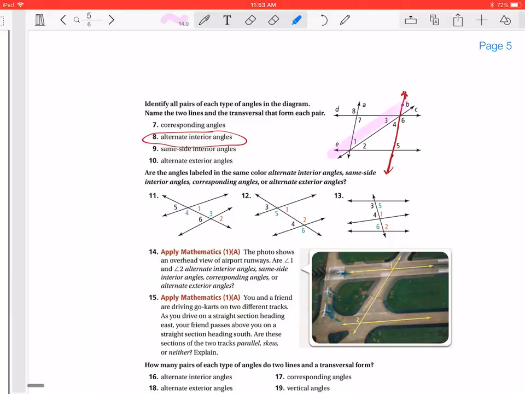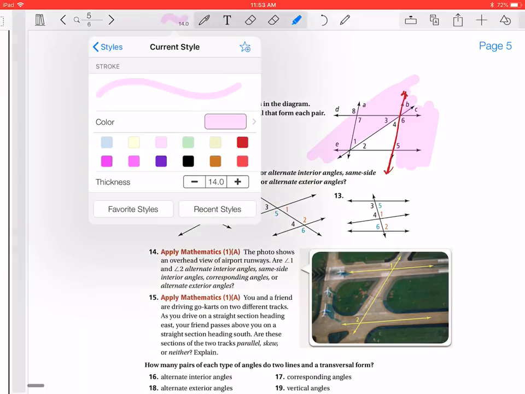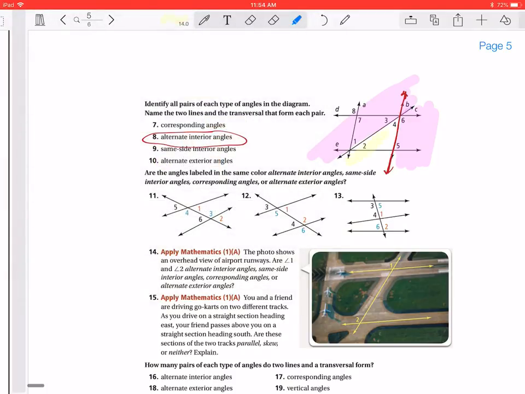E and C, that means that's here, and C is that line there. My interior is here. I have 5 and 4 as alternate interior angles. See how the pink area is shading the exterior and the yellow is my interior of my transversal.